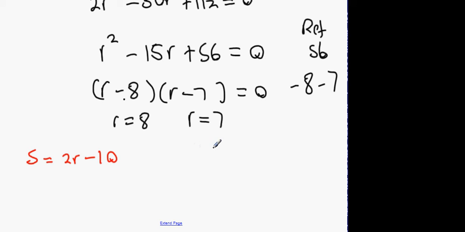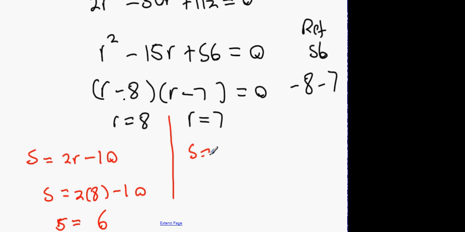Doesn't have to be. So what we're going to get is S equals 2 times 8 minus 10. S equals 16 minus 10, which is 6. S equals 2 times 7 minus 10, which is 14 minus 10, equals 4. S equals 4, S equals 6.